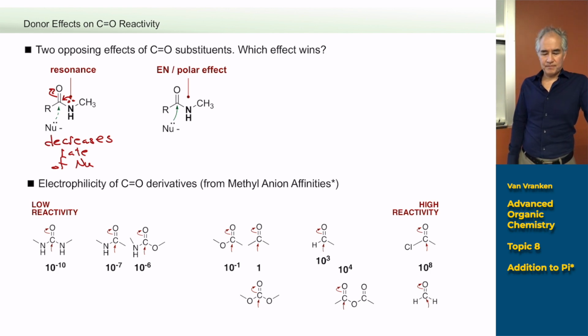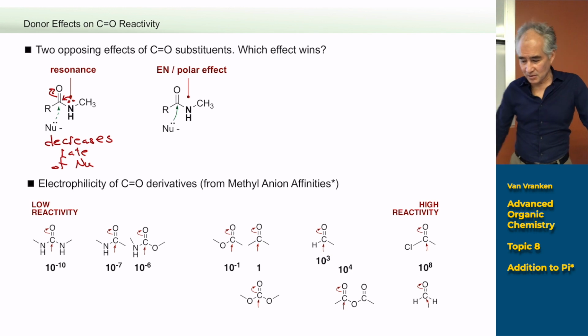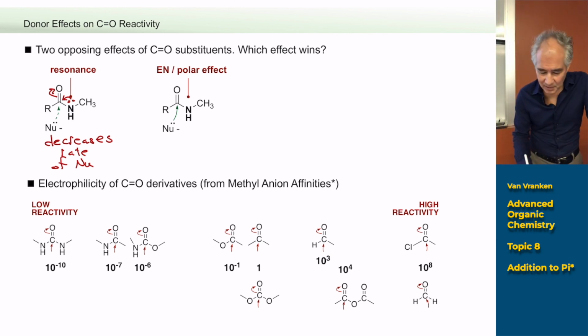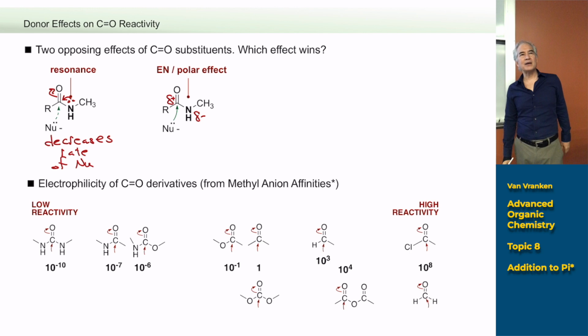Nitrogen is more electronegative. So there's this polarization effect, a polarity effect. Some people call it an inductive effect, right? This nitrogen is going to be pulling, it creates some sort of a field that makes it more negative, and conversely, it makes this carbonyl carbon more partial positive.